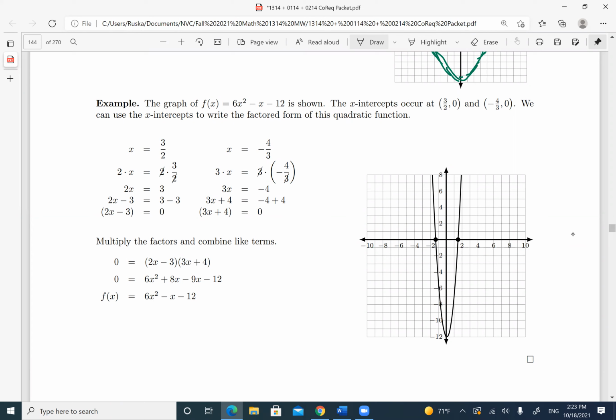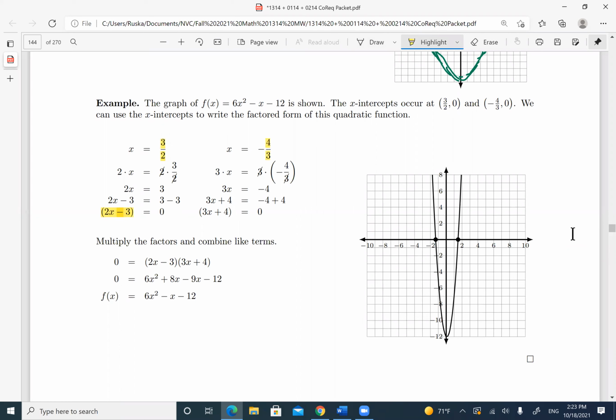So what's happened here, you're just getting everything on the same side equals 0 to get the factor. Multiplying by 2 on both sides, the 2 and 2 cancel. So I get 2x plus 3, and then subtract 3, this is my first factor. So from 3/2, you get the factor 2x minus 3.